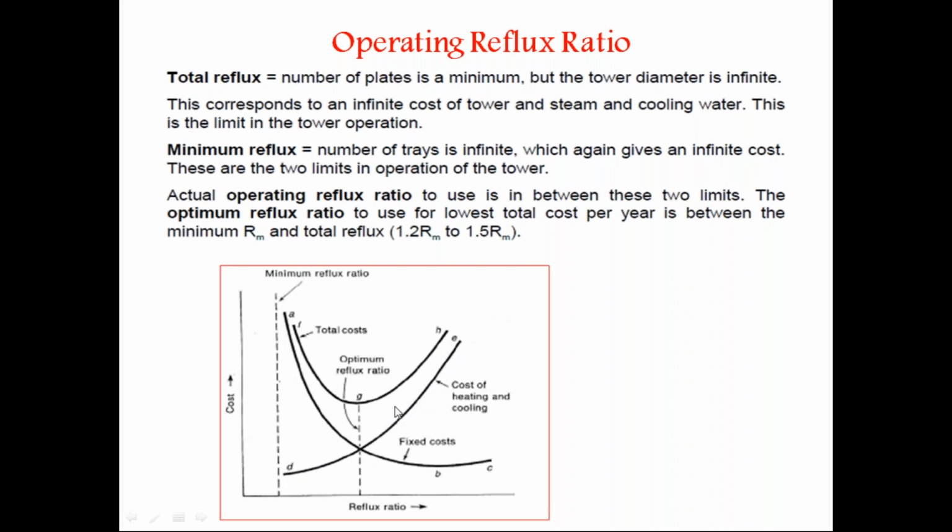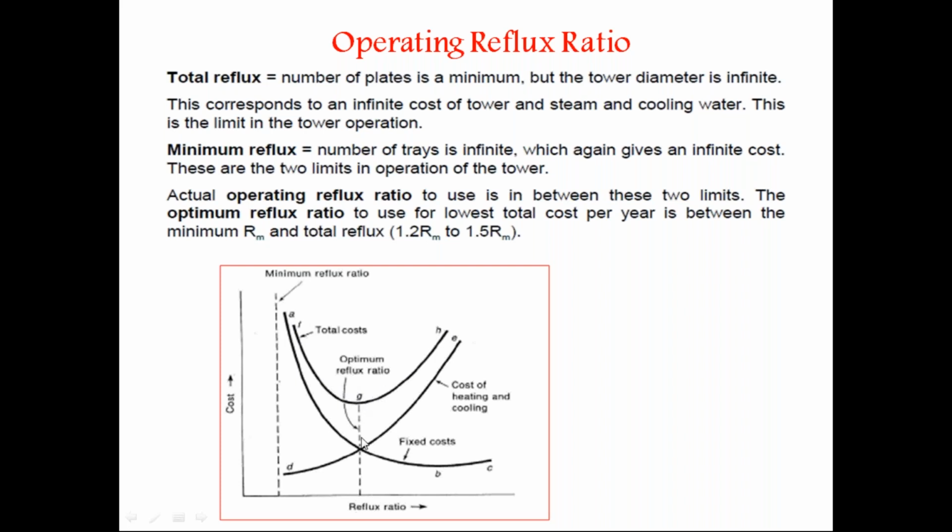So you have two different costs. This is the operating cost which is continuously increasing. This is the fixed cost which is continuously decreasing. So when you take the total cost, adding together, then you have this type of curve. So it comes to the lowest and again increases.